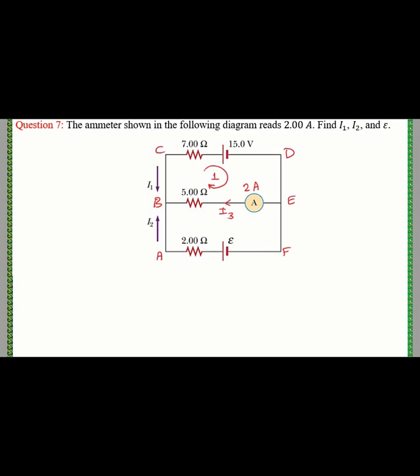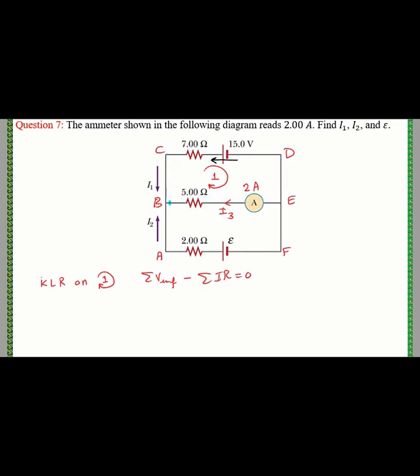Now, Kirchhoff loop rule on the first one, sigma VEMF minus sigma IR equals 0. Through this loop, we have only one battery. I am going clockwise, and the battery comes from right to left, so it is opposite to the analyzing direction.